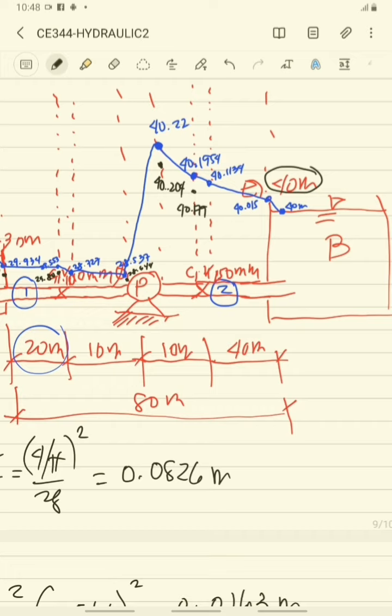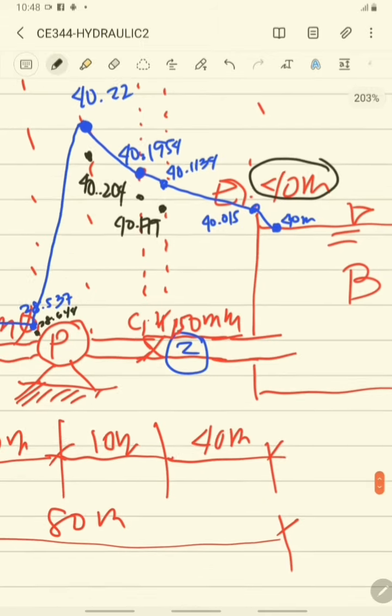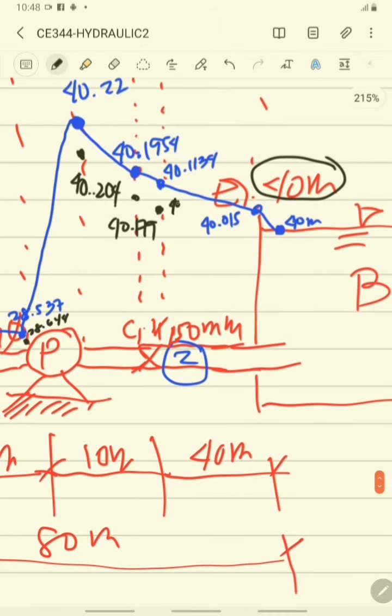Then 40.1134 minus 0.0163, you have 40.097.